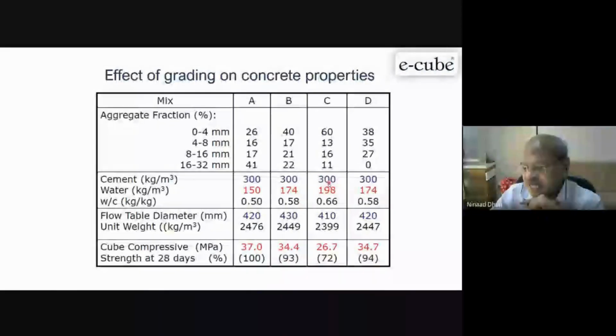If you keep the same cement content, then water has increased, water cement ratio has reduced. Flow is more or less the same, because to achieve the flow you increase the water content. See the density here and see the strength. This is 37, this is 26.